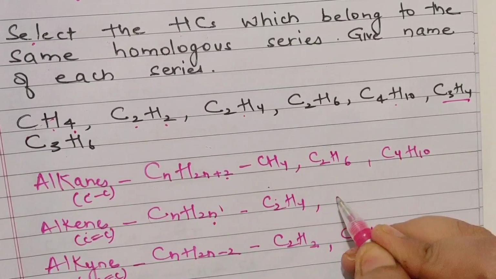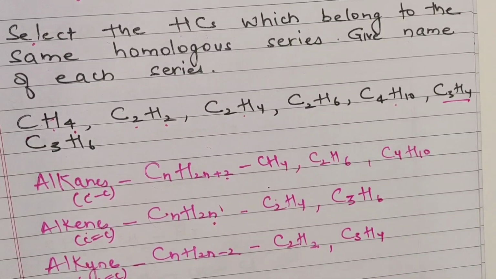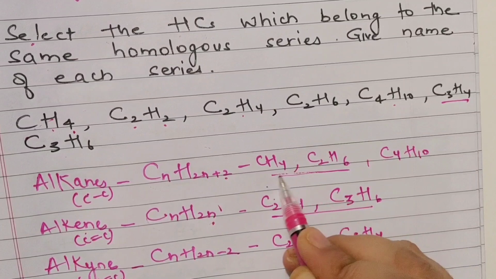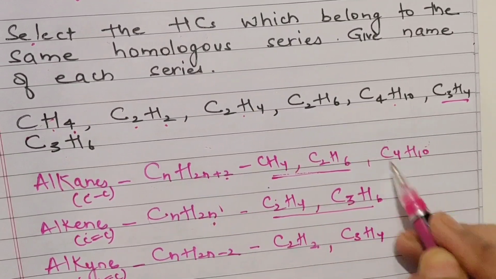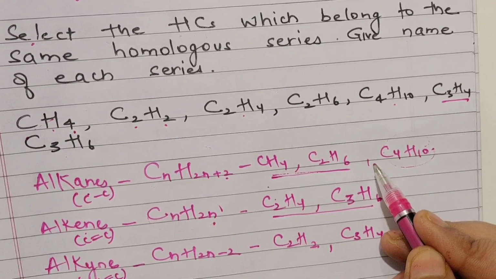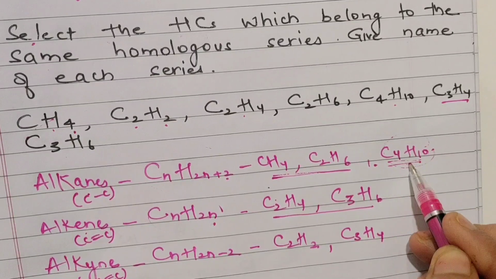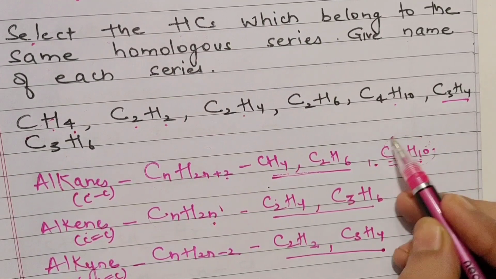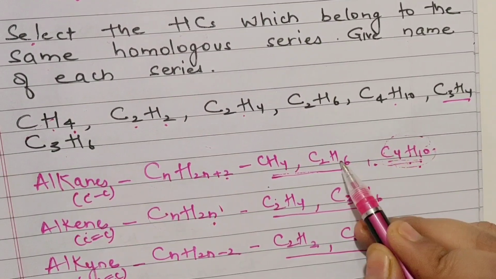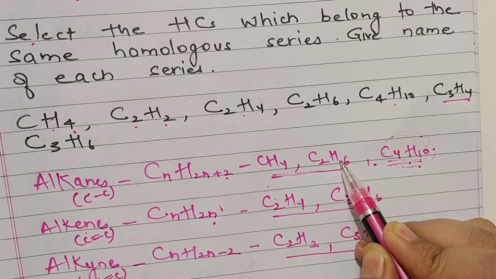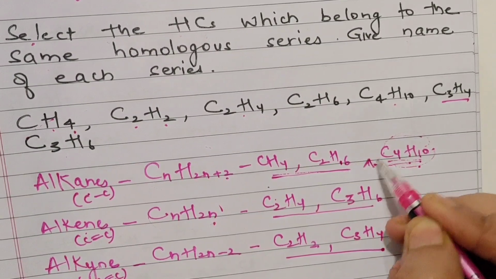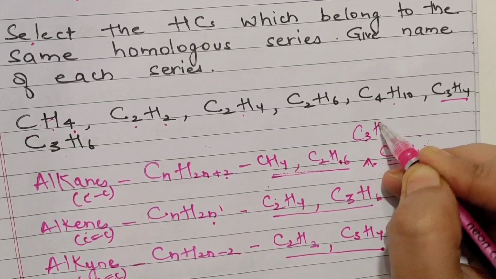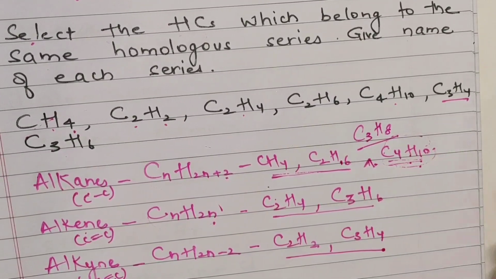C3H6, it would be alkene. So these two belong to one homologous series. These two belong to one homologous series. This is missing one compound, so this does not come in the series. Alkynes, these two also come in the same homologous series. It belongs to the series, but it doesn't differ from the previous compound by only one CH2 unit. There's a compound missing, which should have been C3H8.